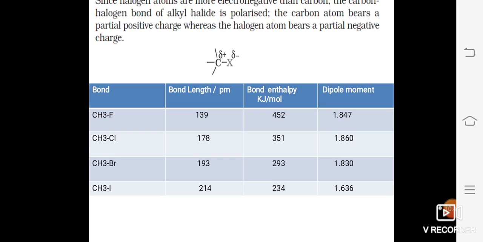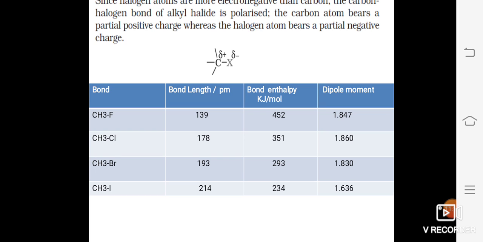For CH3Br, the bond length is 193 picometers, the bond enthalpy is 293, and the dipole moment is 1.830. And the last one, CH3I, that is methyl iodide, the bond length is 214, the bond enthalpy is 234 kilojoules per mole, and the dipole moment is 1.636.